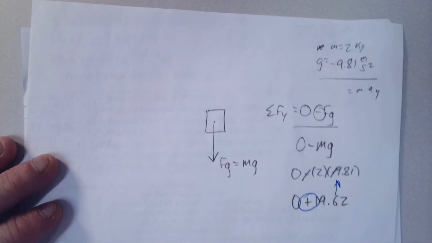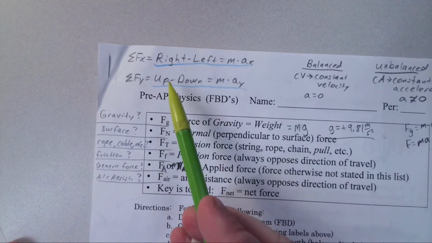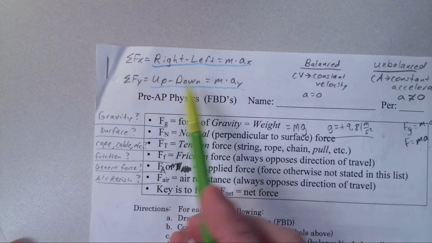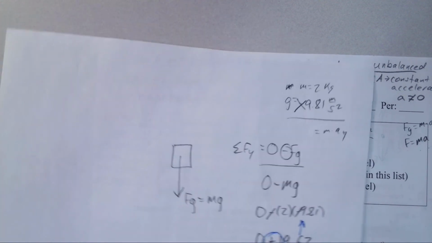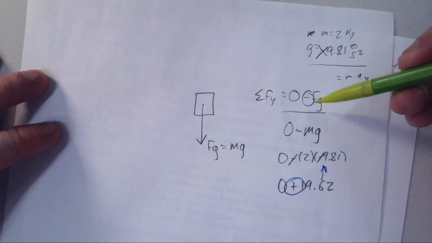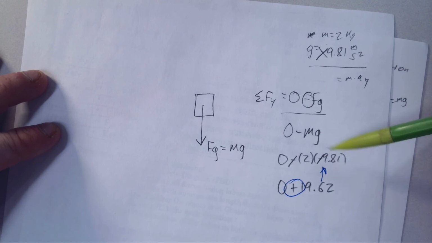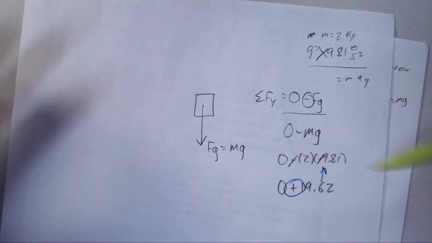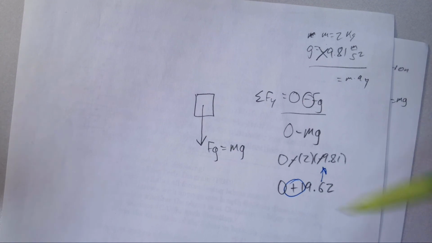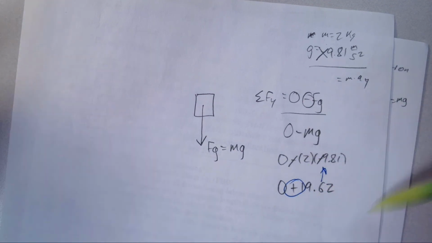So the reason we're not using the negative here is because the equation is telling us what the direction is going to be. It's based on the forces, and we drew this force going downwards, so we already know it's going downwards. That's why we subtracted it. If we're also going to say that gravity is downwards, those two negatives in the math are going to cancel out, and you're going to incorrectly conclude that the force of gravity is going up, and that is going to mess up all of your work.